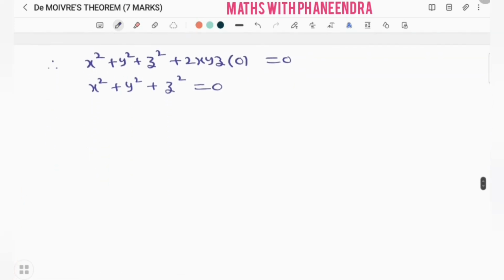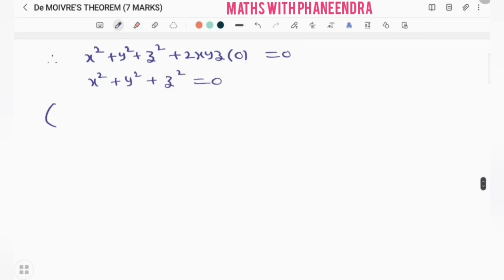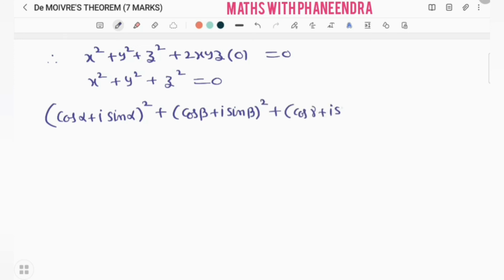Now substitute the respective values of x, y, z here. cos alpha plus i sin alpha whole square, cos beta plus i sin beta whole square, cos gamma plus i sin gamma whole square is equal to 0.